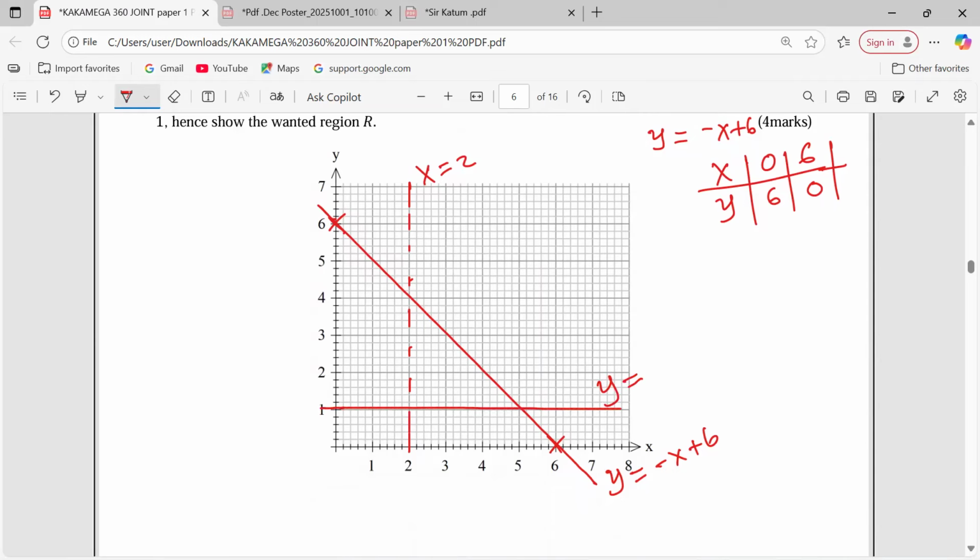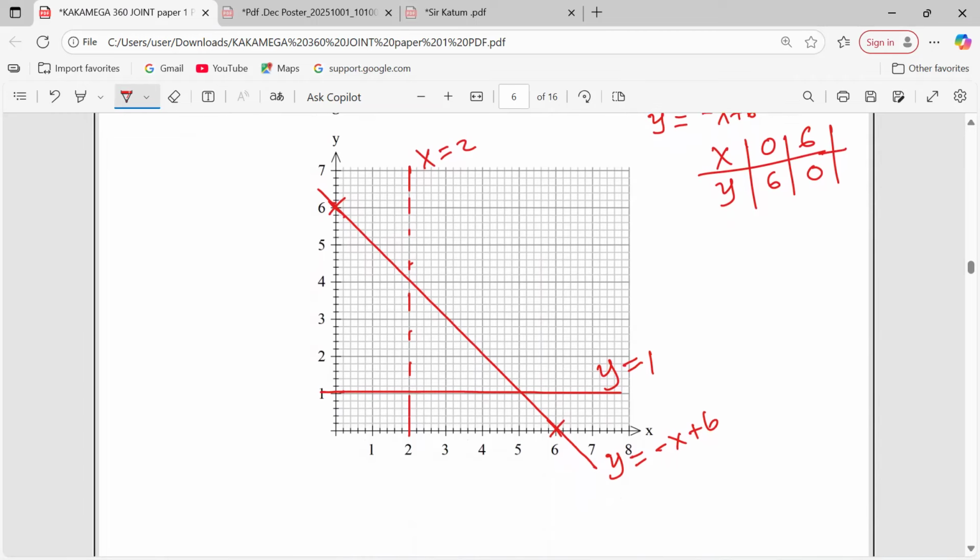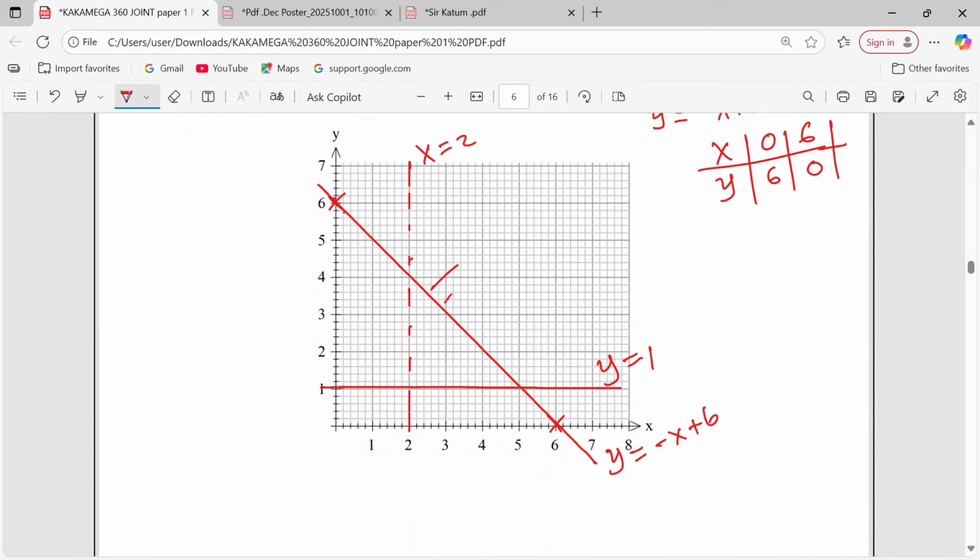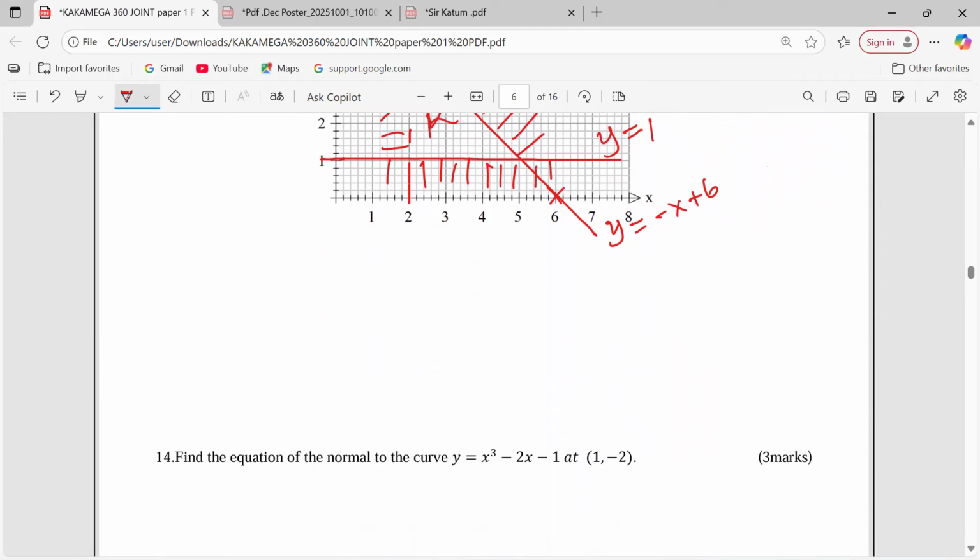So we have all the lines, and you can see they are shading a common region, meaning that we shade these parts. What you do here, you first plot all the lines. Just plot them. They shall coincidentally shade a common region. And now from that, you'll be able to know that that is now the region R.